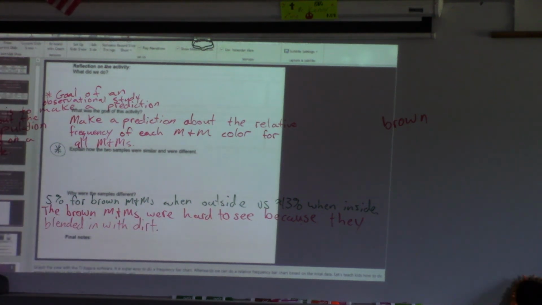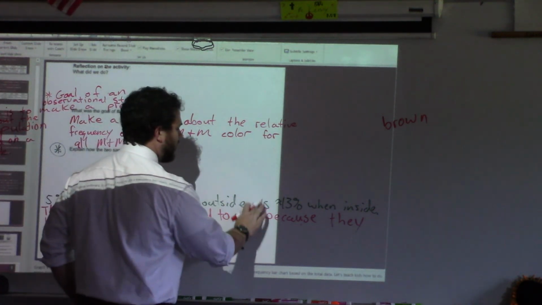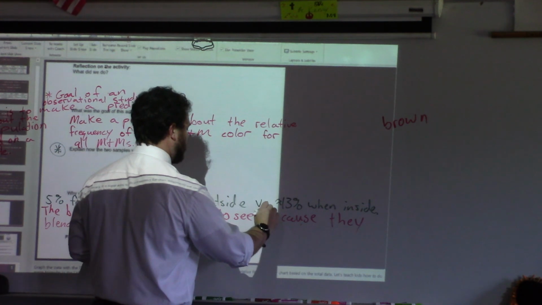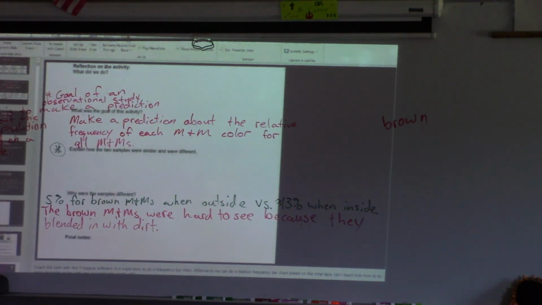What does it say after outside? Versus, that's a V. Right, versus, right? But the brown M&Ms were hard to see because they blended in with the dirt.